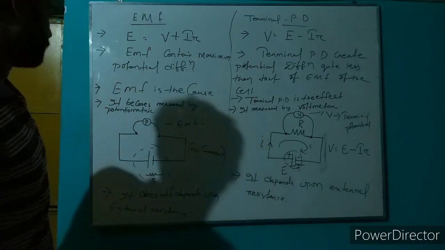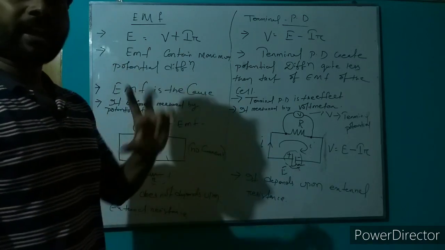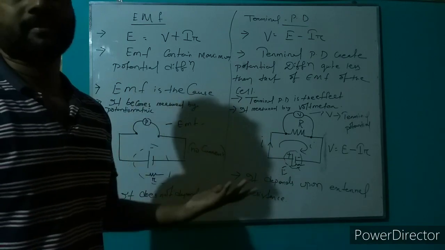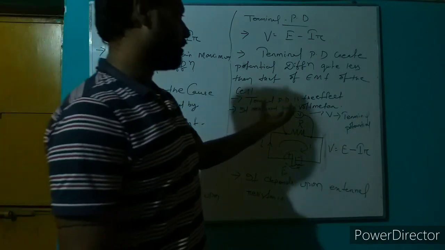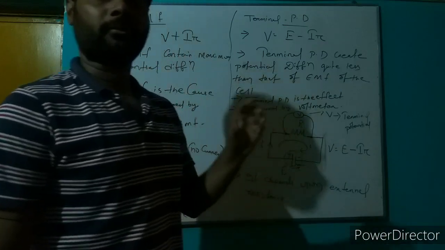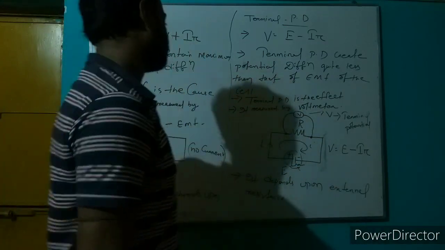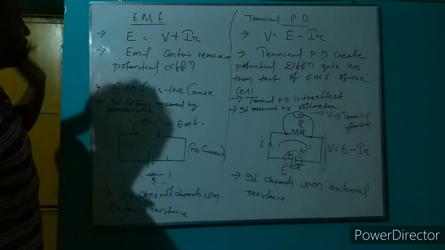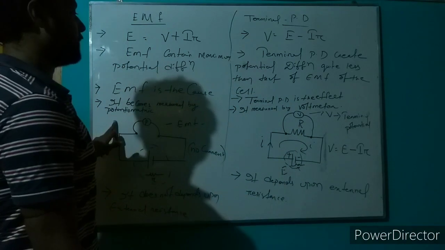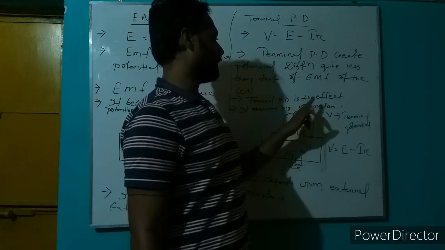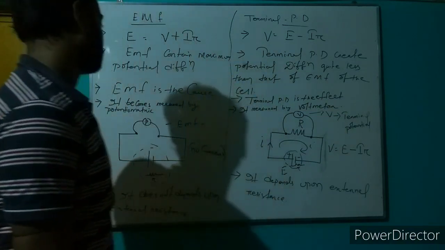A potentiometer measures potential accurately. A voltmeter measures potential not accurately, only nearly equal. So EMF of the cell is measured by a potentiometer and voltmeter, and terminal potential difference is measured by the voltmeter. Clear?